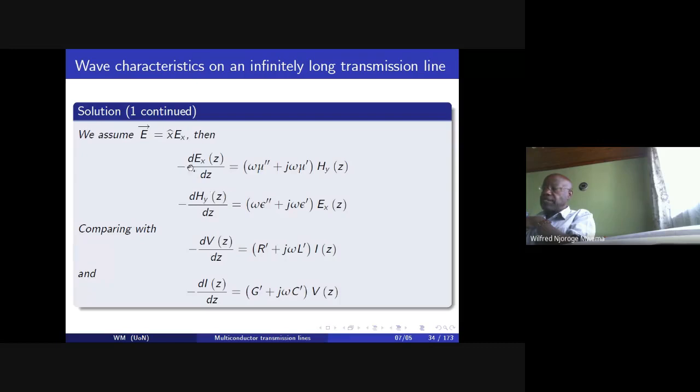And the curl of H is reduced to just a single component there, that is the minus dHy of z, equal to that value, where we have just applied through.